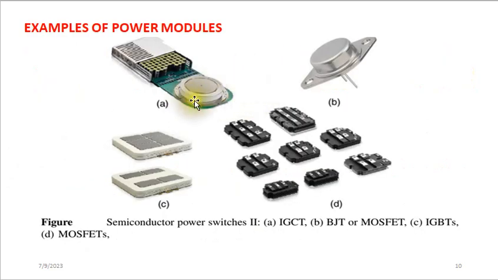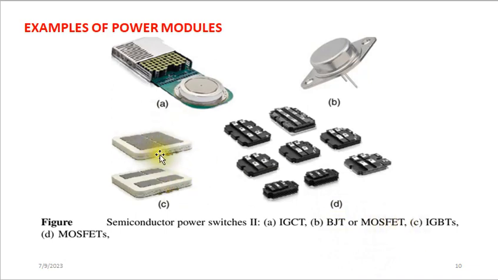Now, if we come to this model, this A is the one that is called IGCT, which is insulated gate controlled thyristor, which means it is a combination of thyristors that are put together. And the second one, that's the B, is a power module that contains either BJT, that is bipolar junction transistors, or MOSFET, which is metal oxide semiconductor field effect transistor.